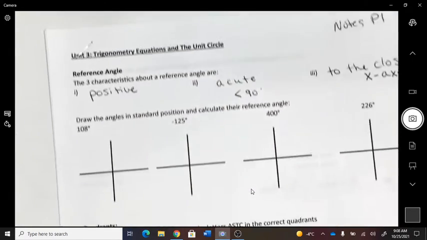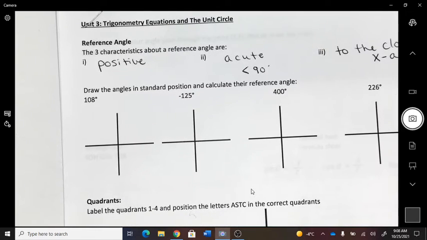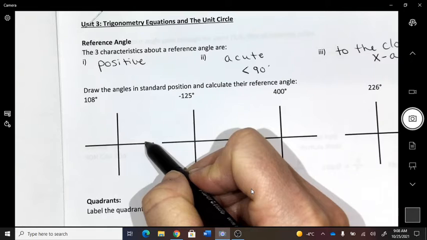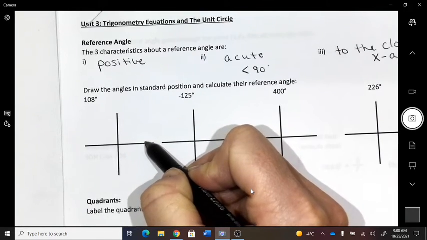We're going to draw these angles. So if you were to rotate 108 degrees, I'm going to put my pen here because this is where I start. I'm going to rotate 108 degrees. Can you think about where you would land?